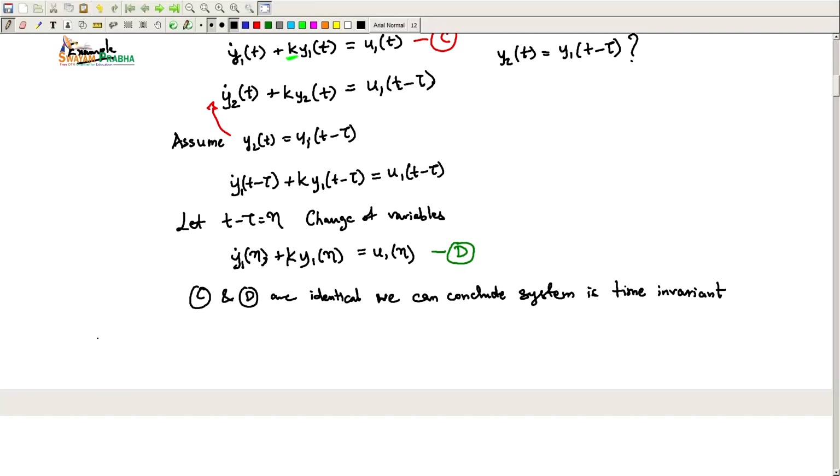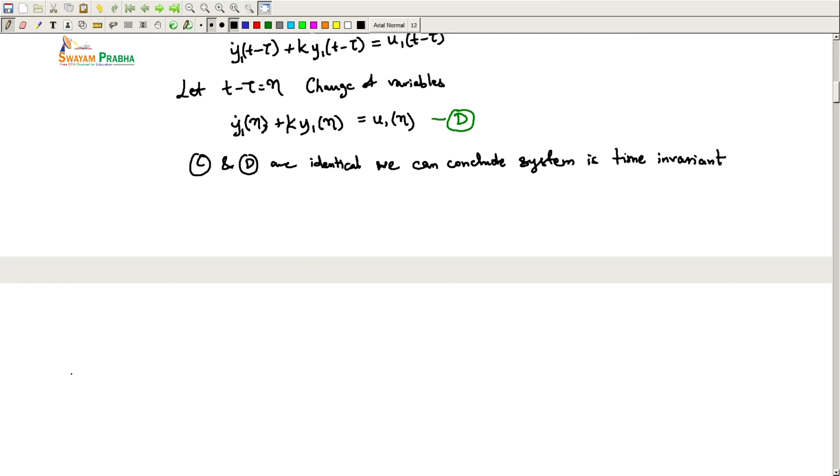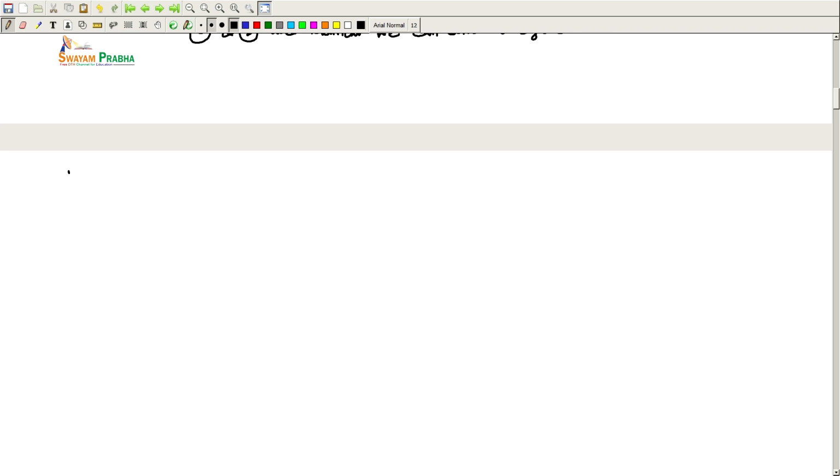So, now that we have studied the concept of linear time invariant systems, we are going to next focus on what is called the Laplace transform.